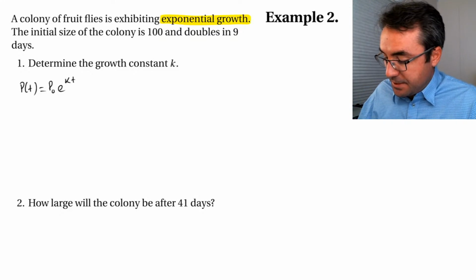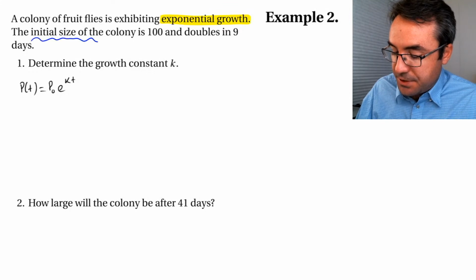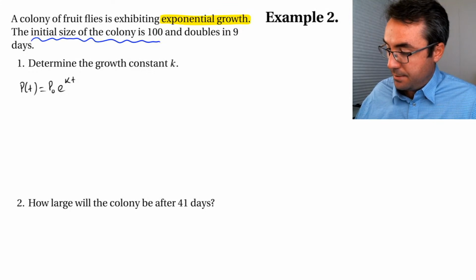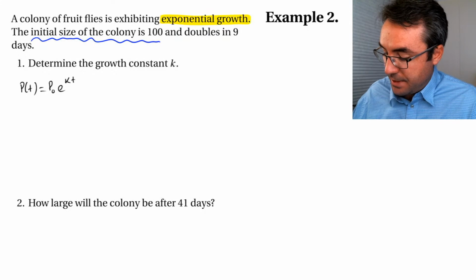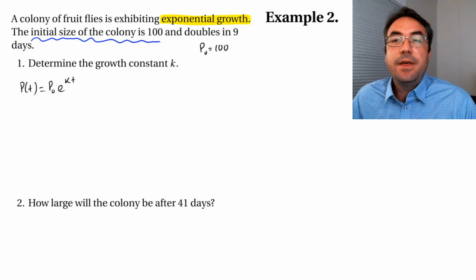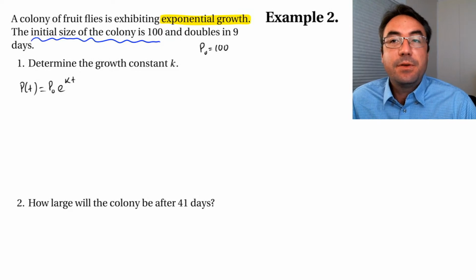If we look at this, we're actually told what the initial size is. It's 100. So let's write that down: P of 0 is equal to 100. And then we're also told that the population doubles in 9 days.